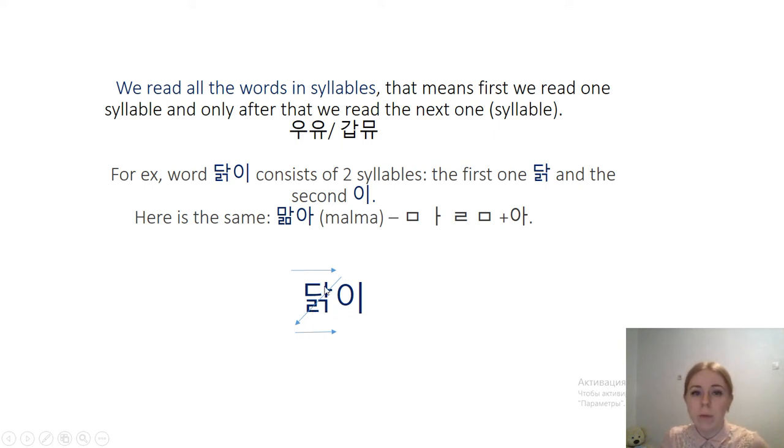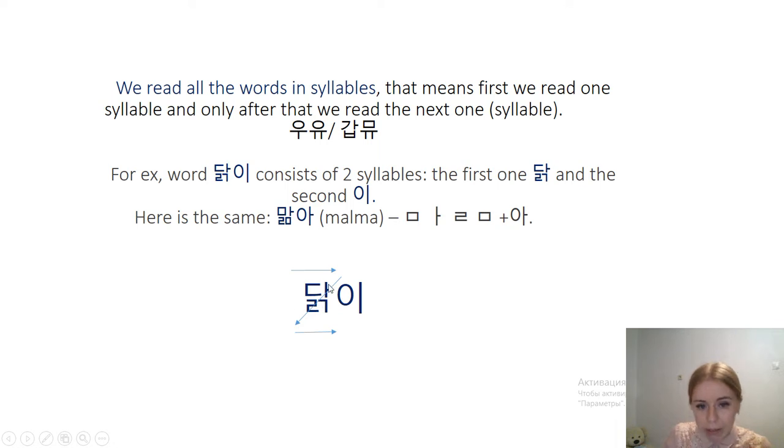So we have one syllable that consists of four letters. Tu, a, l, gu. And then we have the next syllable. It's the second syllable in this word, and we have it like e. So if we read it together, it's talki.